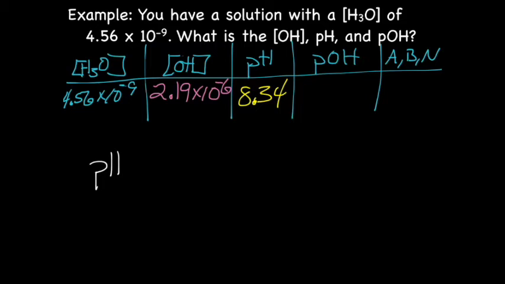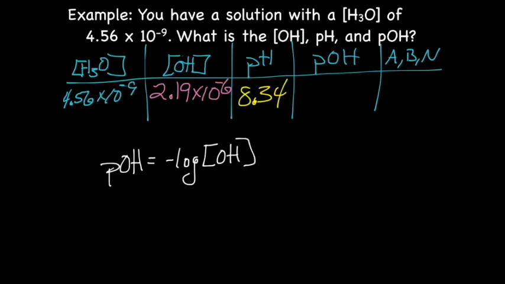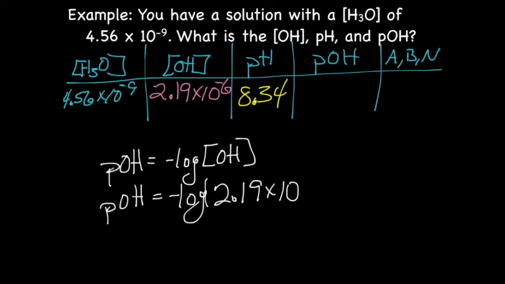So pOH equals negative log of 2.19 times 10 to the negative 6th, which gives us 5.66, accounting for sig figs.